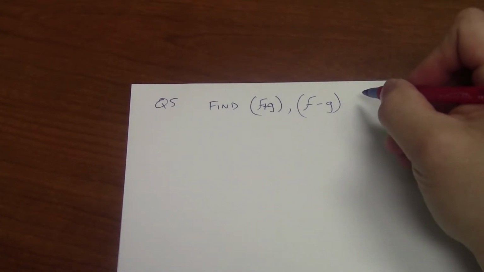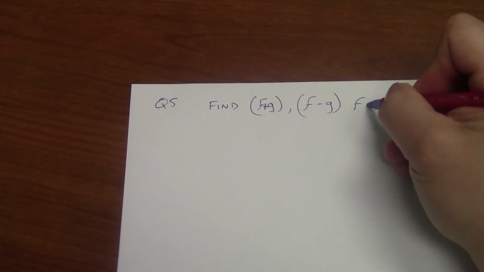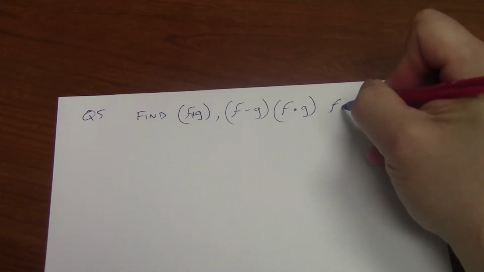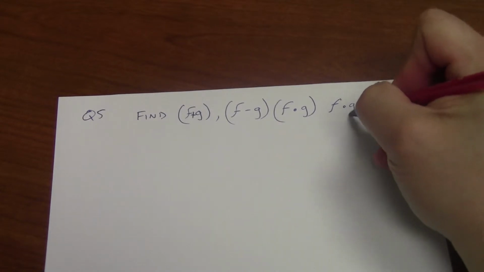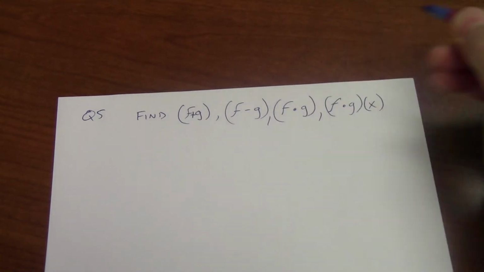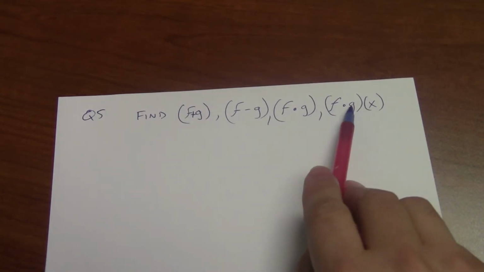And then we're going to find f times g, and we're going to find f times g times x. These ones are going to be pretty simple. This one I'll go over in a second.